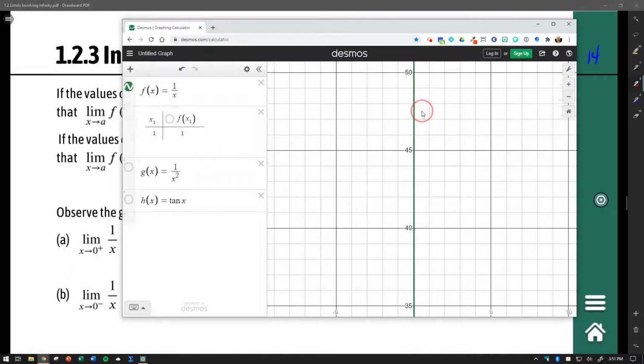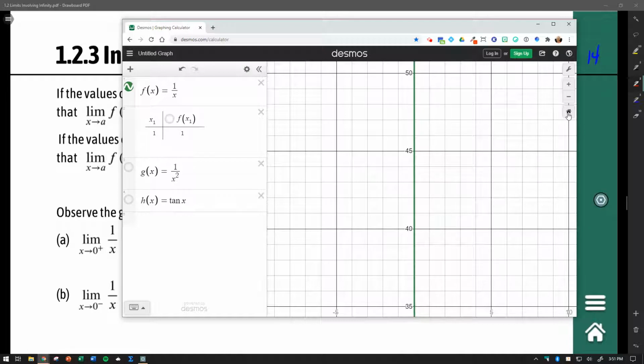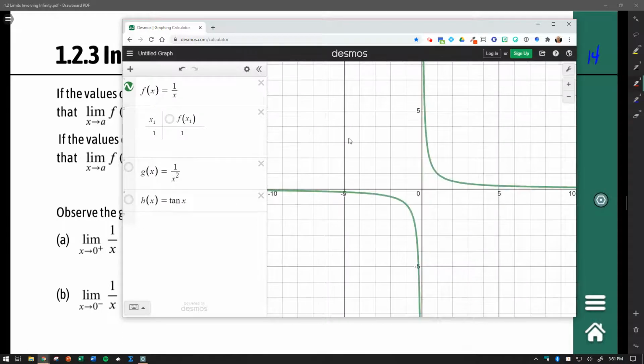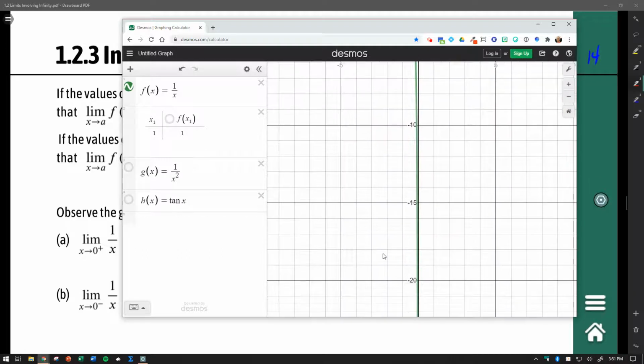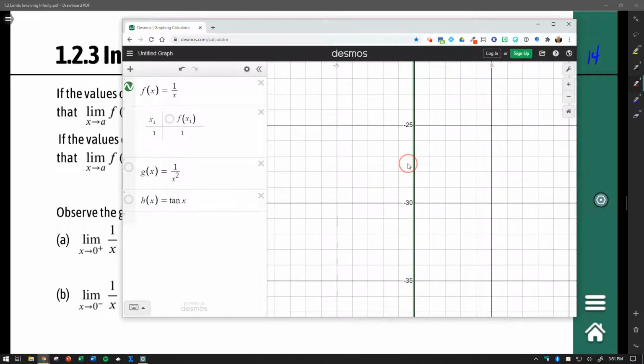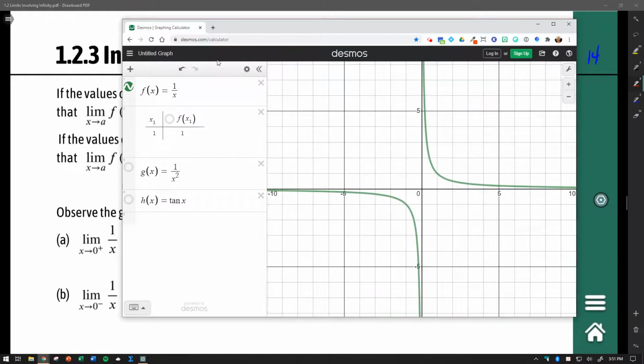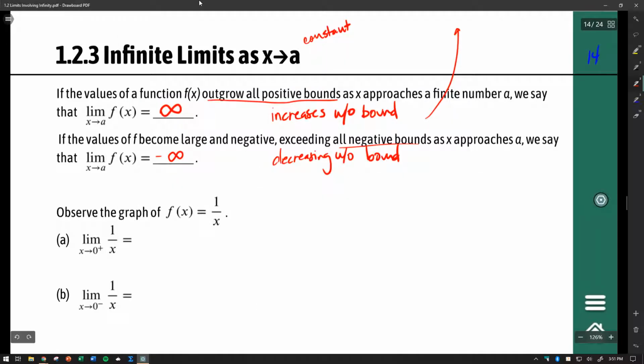In fact, it's going to grow even faster the closer x goes to 0. From the left, same story. This graph is decreasing without bound. It's getting smaller and smaller at increasing rates. So coming back to the notes, as x goes to 0 from the right, the limit of 1 over x is infinity. And the limit as x goes to 0 from the left is negative infinity.